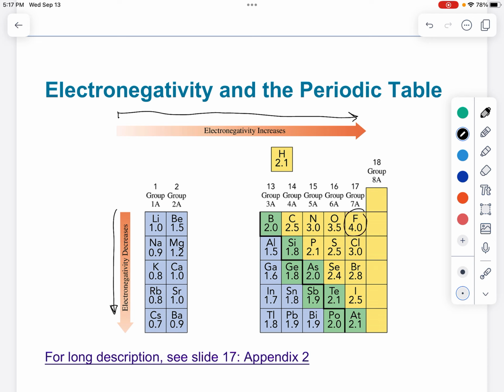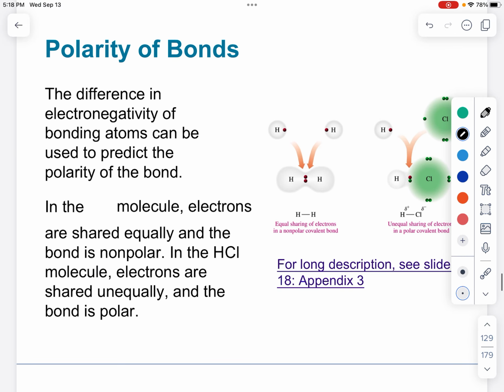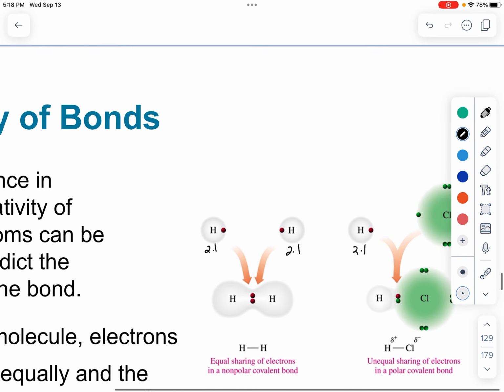Fluorine is the most electronegative at 4.0, and cesium is the least. And so as you go up and over, electronegativity increases. And so you can imagine that if you have a bond between two atoms of different electronegativities, they might not share electrons equally. So let's look at this example here. Hydrogen has 2.1 on that scale, and chlorine is 3.0.